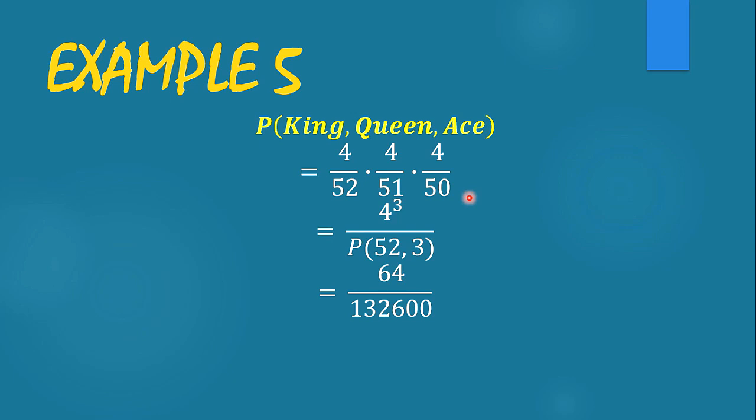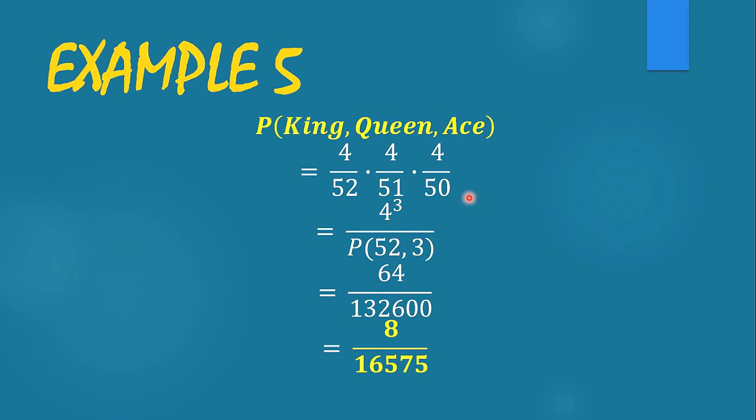We're getting its permutation. We can have the permutation of 52 taken 3 at a time, that is still equal to 132,600. Or this is equal to 8 over 16,575.